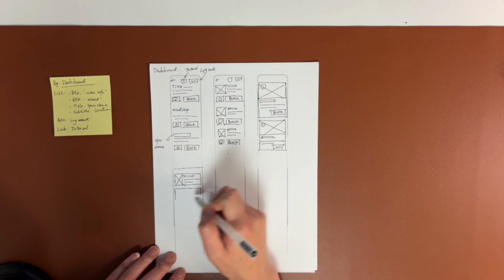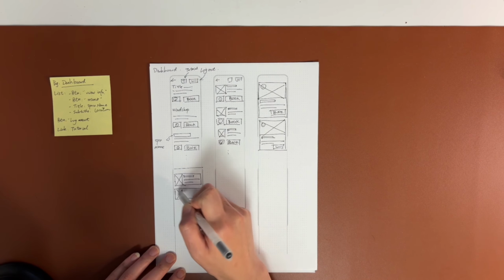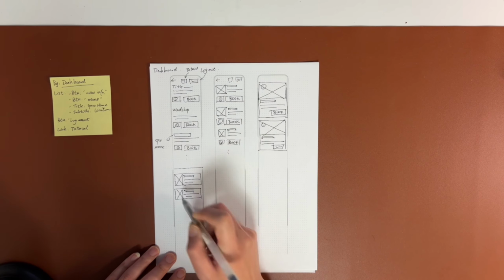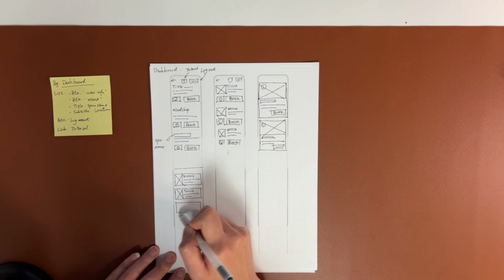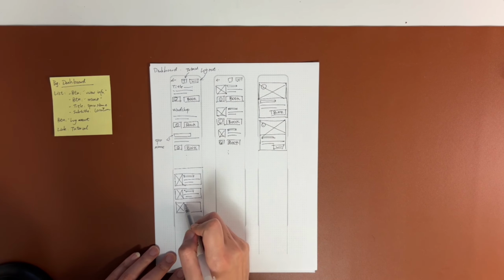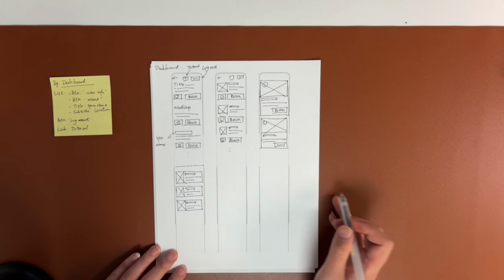Let me add a couple more cards here. So this is a card for the space, and here the photo of the space, the title of the space, and some description or the location.